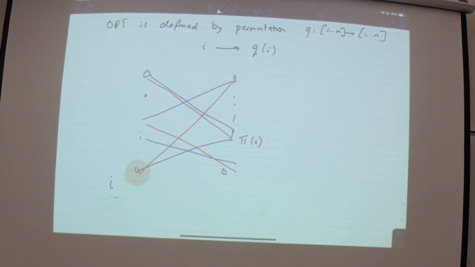In the optimal solution, it matches to Q of I, right? And in our solution, the blue solution, Q of I was matched to some other unknown element J.